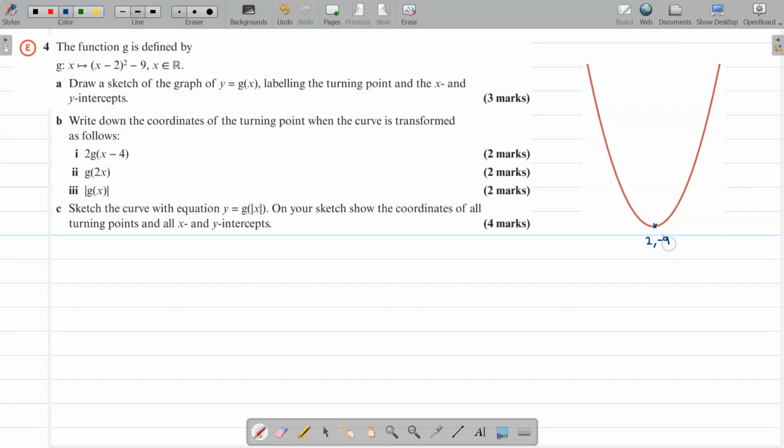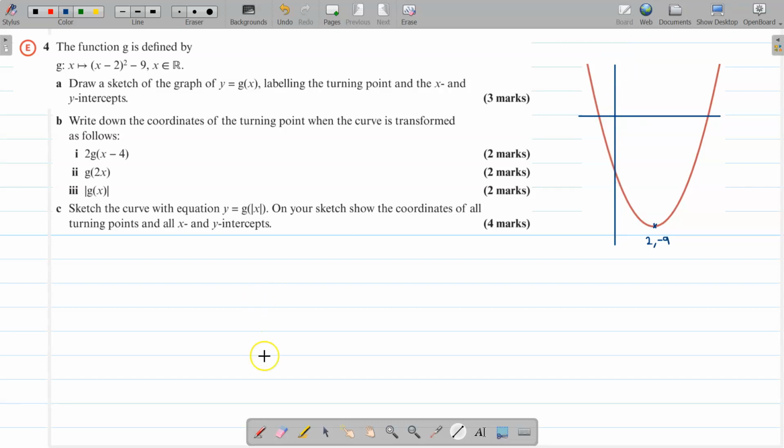I'm going to put my axes in roughly in the right place to show that that transformation has occurred. So if we consider the x-axis to now be about here, that point is now 9 units below, and the y-axis is going to be roughly here, down like this.